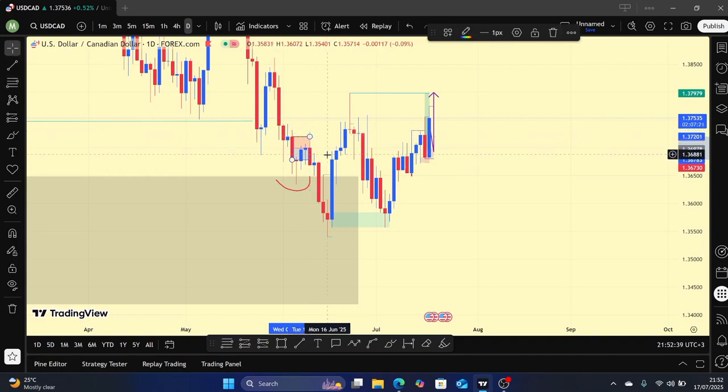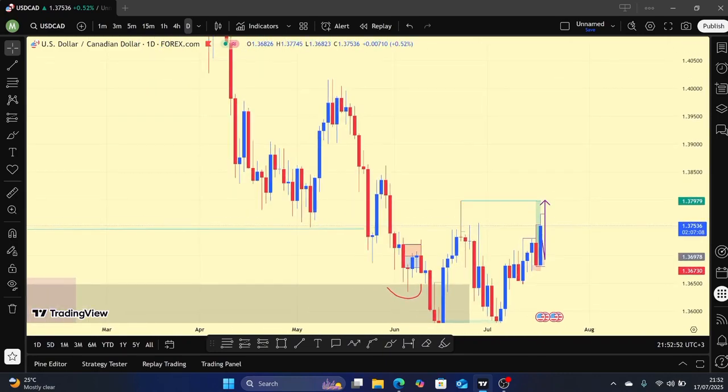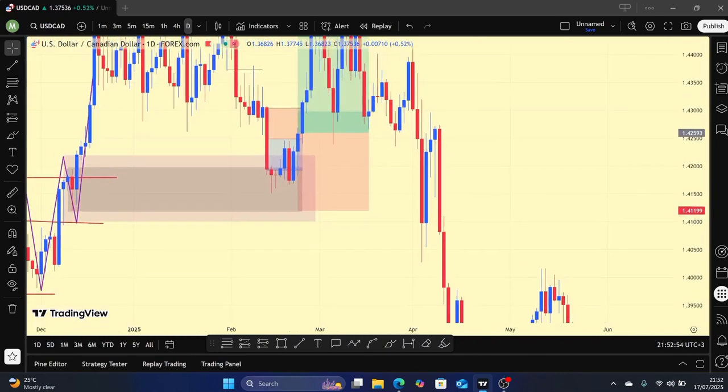Notice that I'm not marking the wicks, I'm marking only the body. And you need to see a body closure past the 50% of this candle so that you can confirm that morning star, just like I did on the decisional POI, exactly right here. I confirmed there, and you can see I took the buy immediately after price closed past 50% of this selling candle.